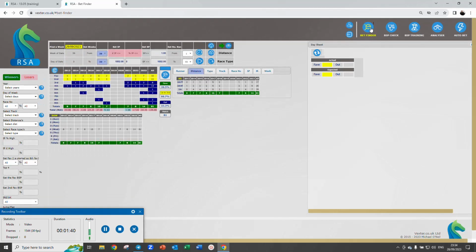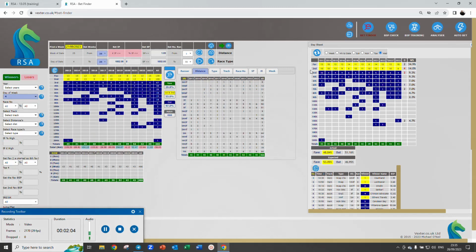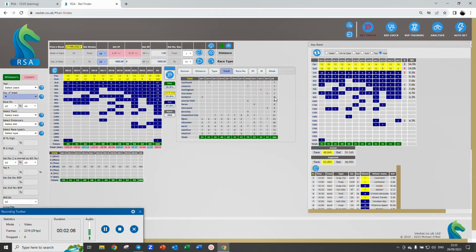Oh, we want to be in Bet Finder, and 21st of June is week 25 and day 4. So week 25, day 4, play. And if we go in to look at track, we can see Ripon, Uttoxeter, Ascot, Hamilton, Wexford.